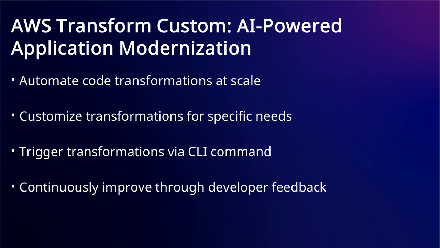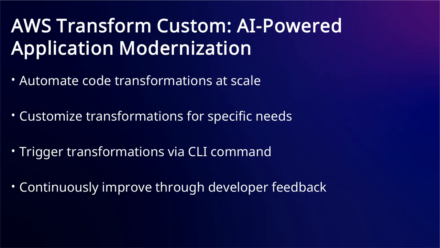Organizations often accumulate technical debt by maintaining legacy systems, allocating up to 30% of development resources to manual code transformations. AWS Transform Custom addresses this by automating application modernization tasks. You can automate code transformations at scale, reducing execution time by over 80%.